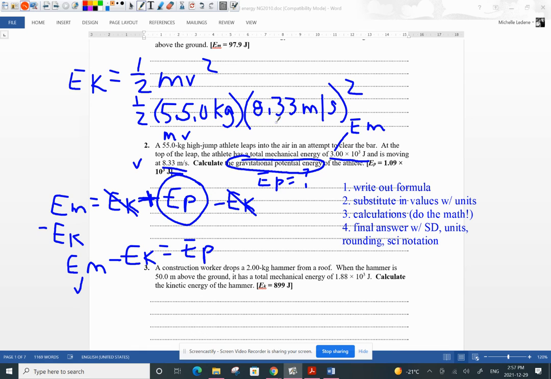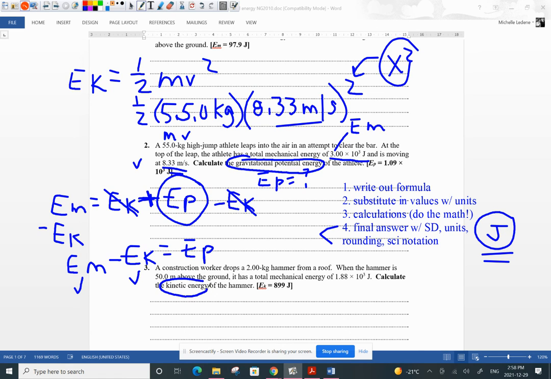Don't forget to square that puppy. That is your x squared button on your calculator. Okay, and then now that you have that, you take your EM minus that, and that gives you your EP. Okay, easy peasy. Check your units at your final answer, sig digs, rounding. So remember, it's potential energy, so it'll be in joules.